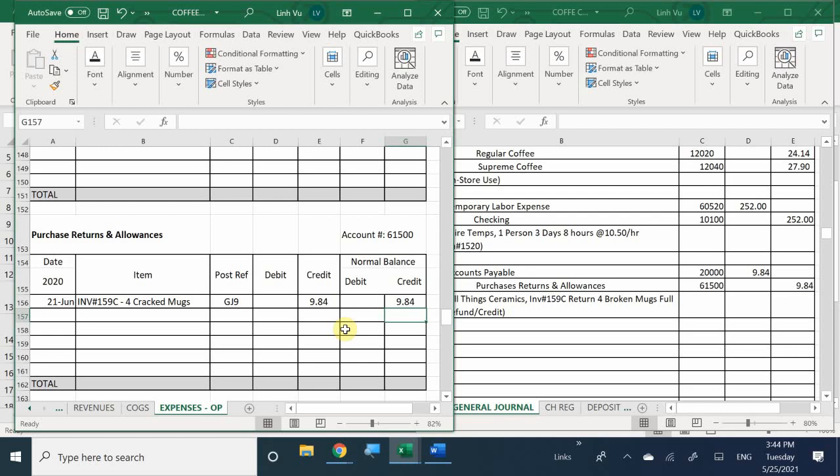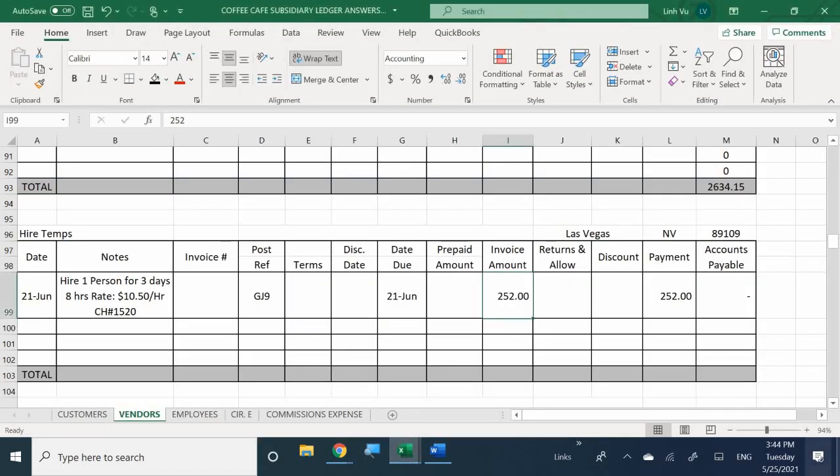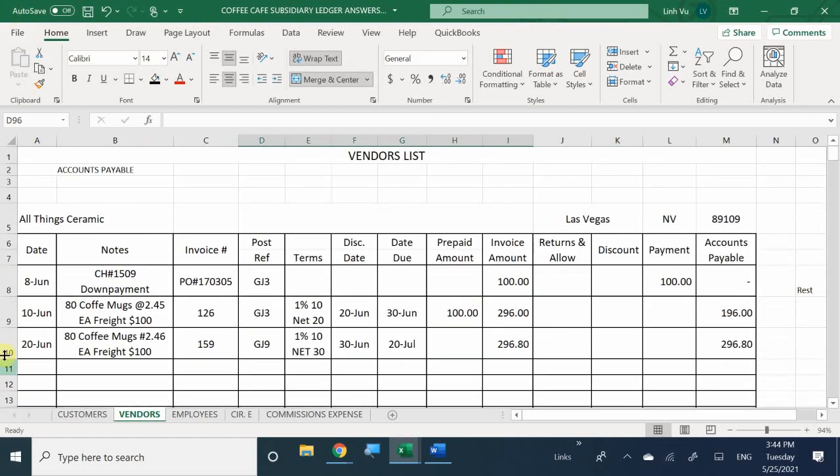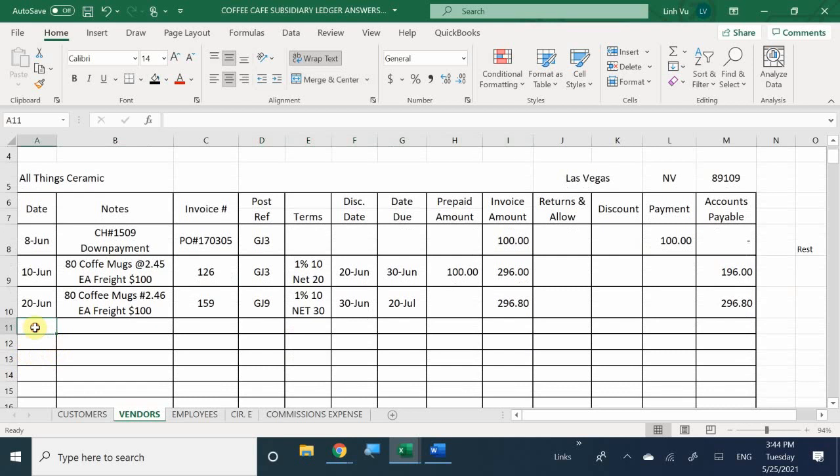So what's next? The vendor. Yep. Yes. My note, I put return 4 broken mugs at 246 each.